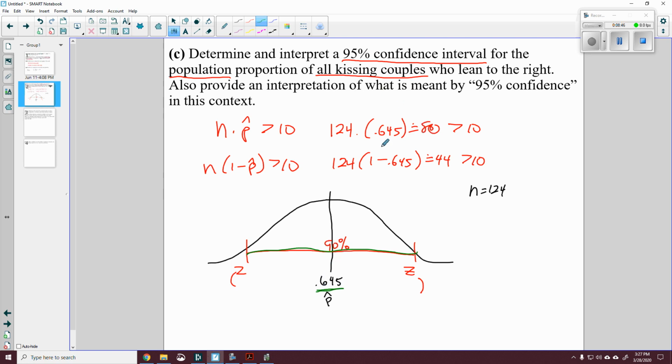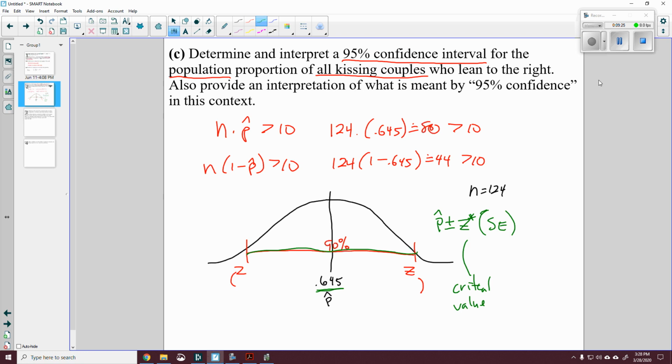And I'm going to end up using a formula to calculate the confidence interval of p hat, my statistic, plus or minus this special z-score, which I designate with an asterisk. It's called the critical value. I'll write that here. Critical value times the standard error, which is kind of like our standard deviation.